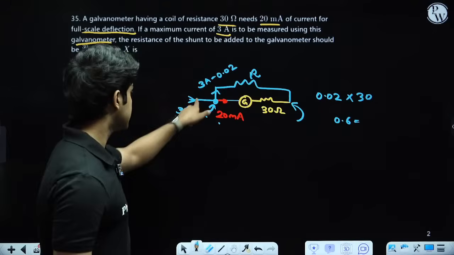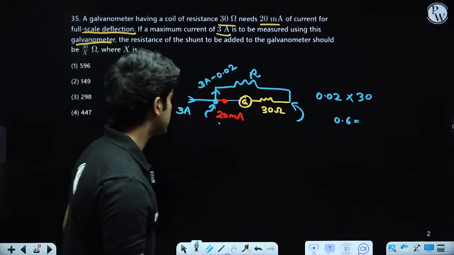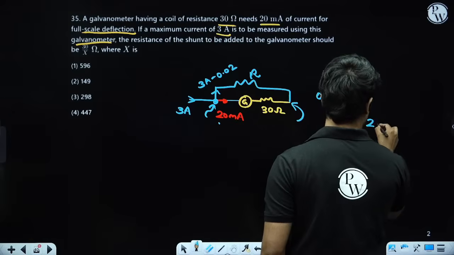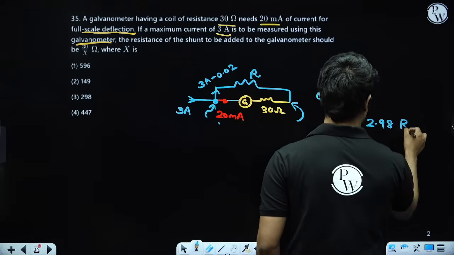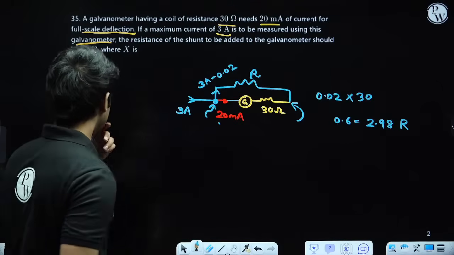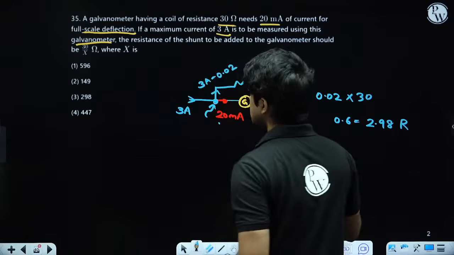So 0.6 is equal to (3 minus 0.02) times R, so 2.98 times R. That will give you the answer for the resistance.